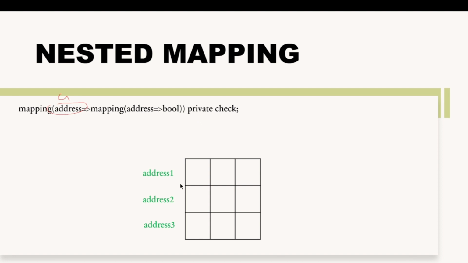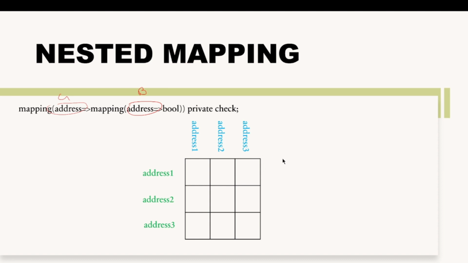Now on the column side, imagine the key values of the second mapping, with this blue color: address 1, address 2 and address 3. I have colored this one blue and that one green to demonstrate the different key values.